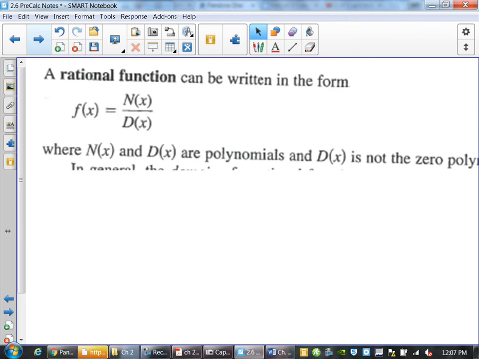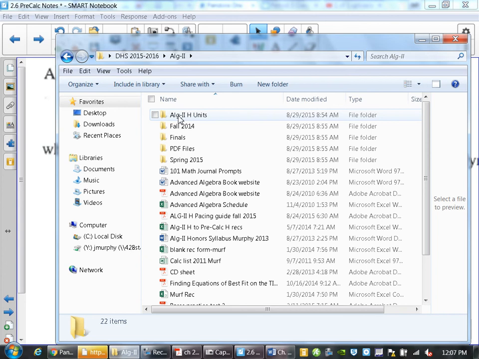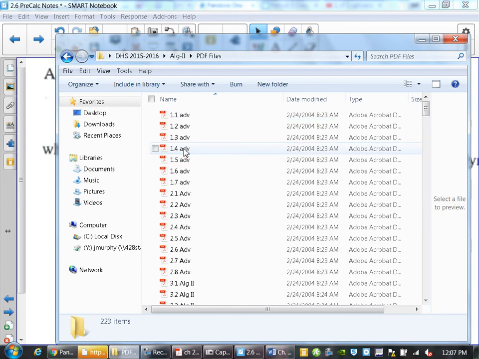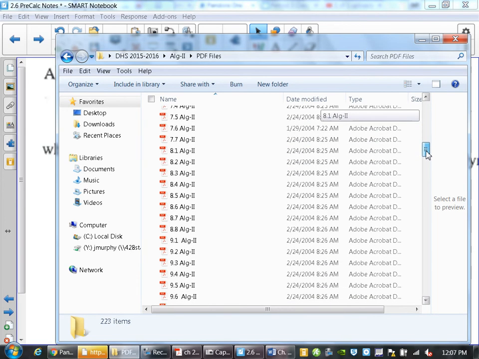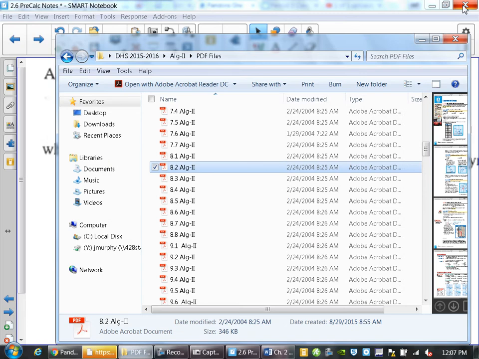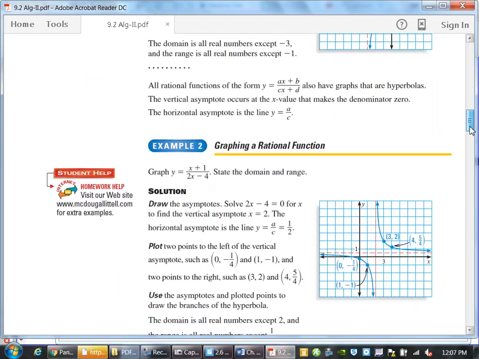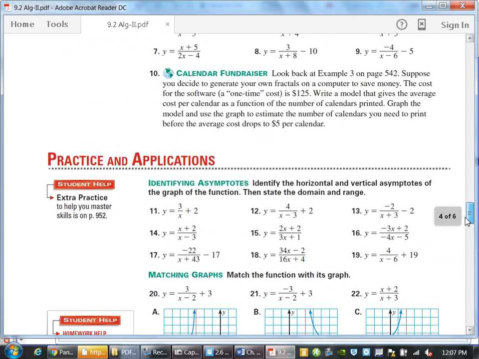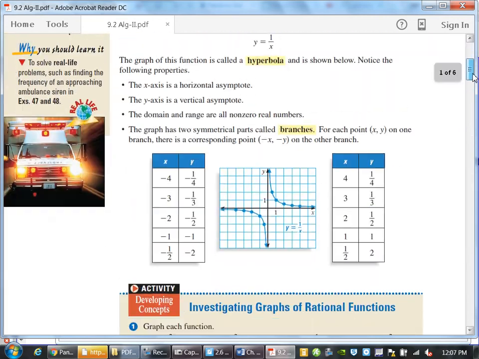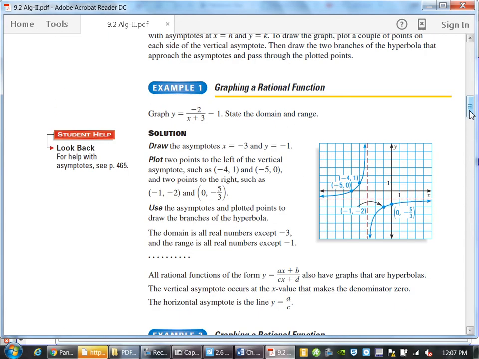Rationals were this stuff. If you guys remember from last year, there was this nasty page in the Algebra 2 book with information about asymptotes and all that other junk.